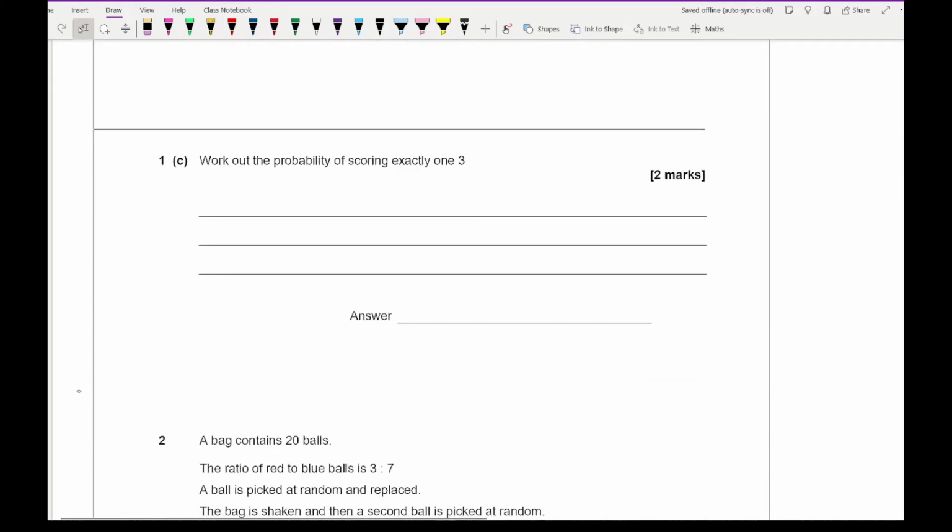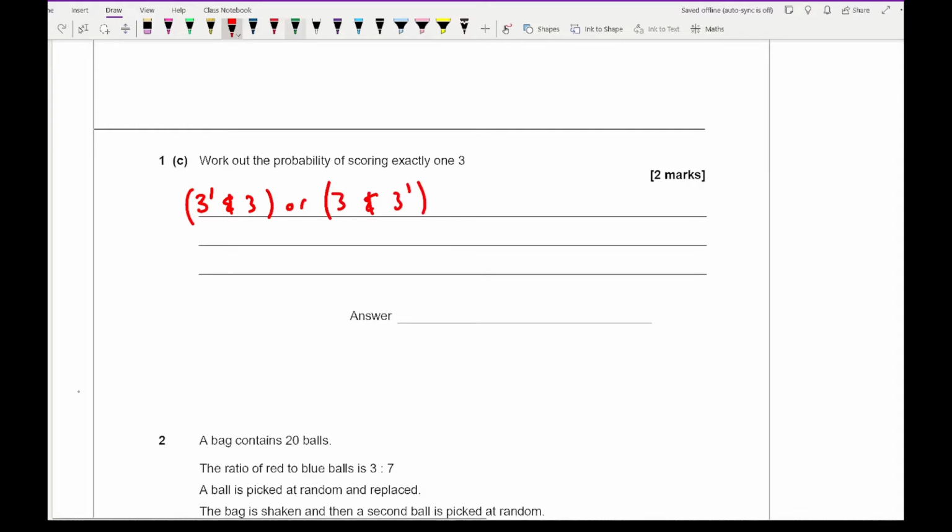And moving on to 1c, it says work out probability of scoring exactly one 3. Well, there's two possibilities that can happen. Either I can get a not 3 and a 3, or I could get a 3 and not a 3.